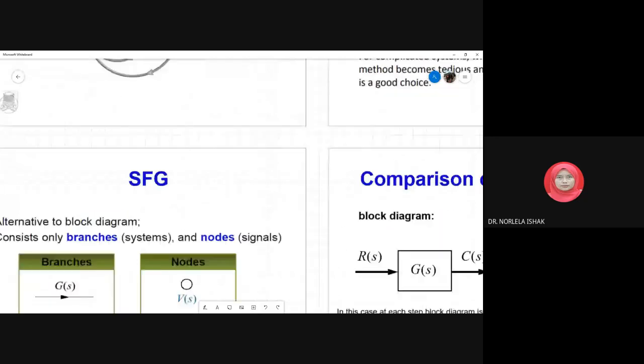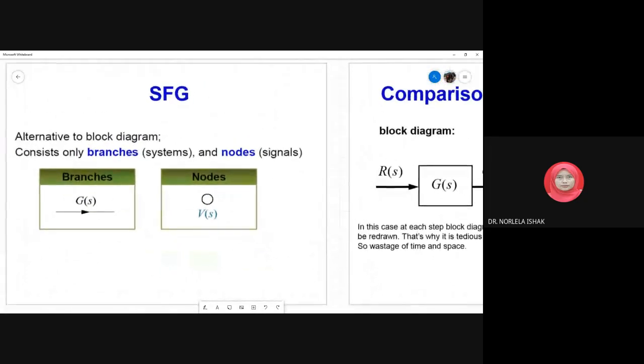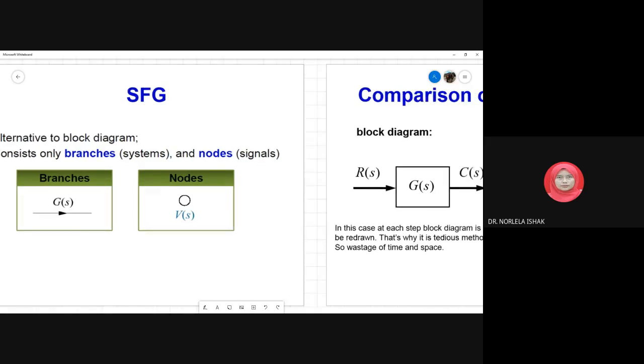Let's say how we want to draw a block diagram into a signal flow graph. Madam make it short form SFG, signal flow graph. So this is the alternative we want to define the transfer function. Instead of a block, we represent the block as a line.